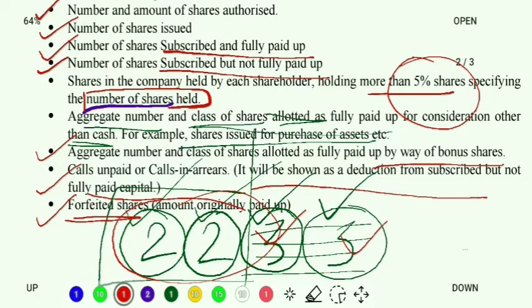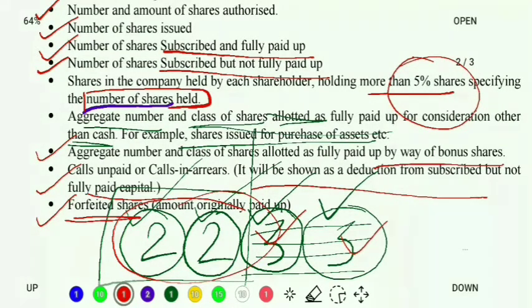Clear? Now, one more thing of importance is that there are many items that generally come under share capital, but for your importance, from your curriculum point of view, I have chosen these points and these items would be sufficient for your examination.